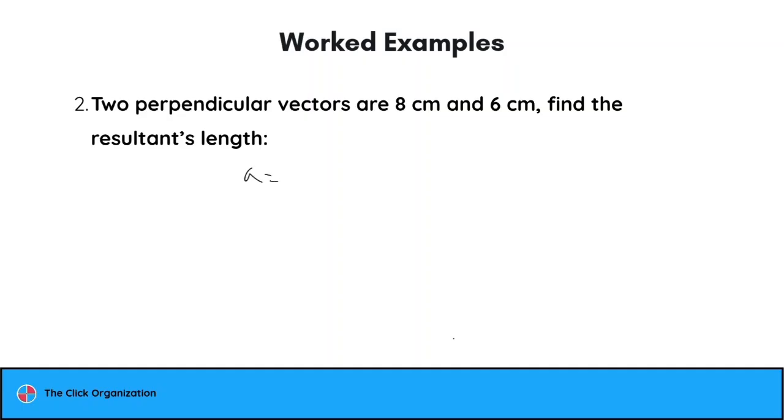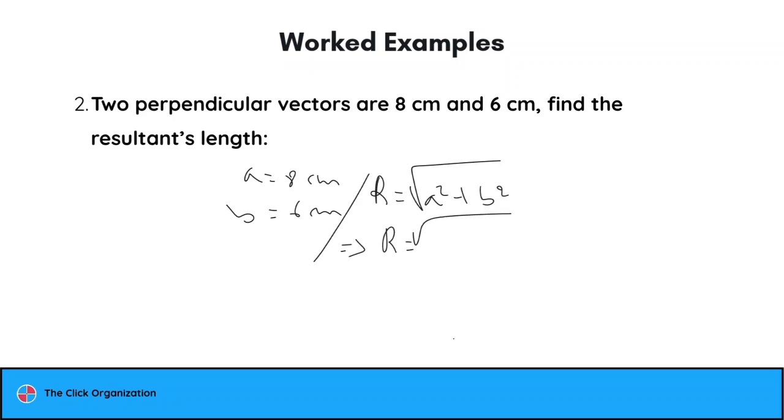So a equals 8 centimeters and b equals 6 centimeters. We use the second formula, R equals the square root of a squared plus b squared. So R equals the square root of 8 squared plus 6 squared, and this gives us R equals 10 centimeters.